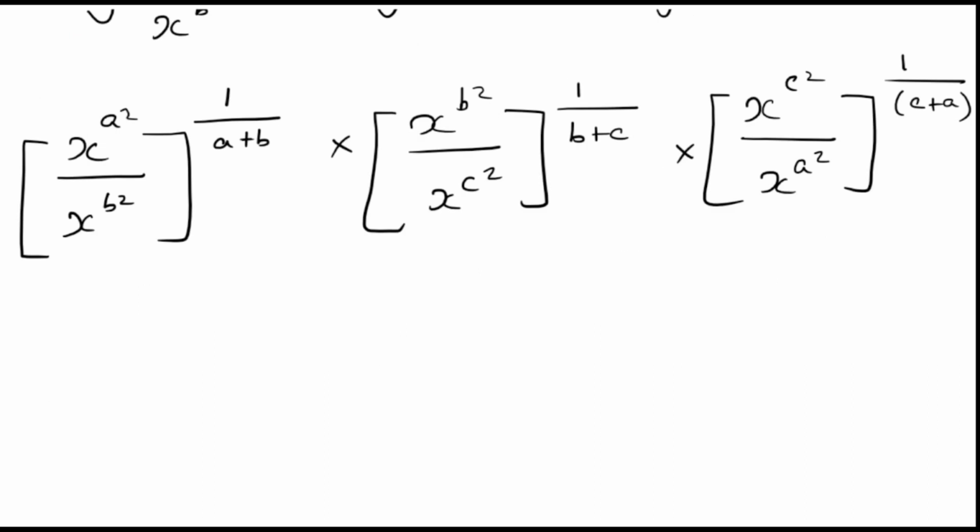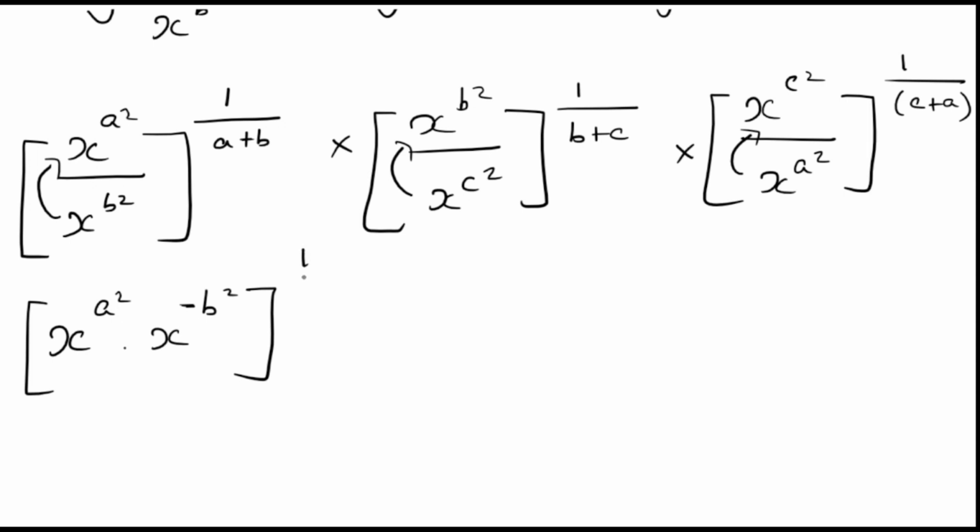Now after this, I'm bringing the denominator to the numerator. So this will become x to the power a square into x to the power minus b square. So the sign will change in the powers.